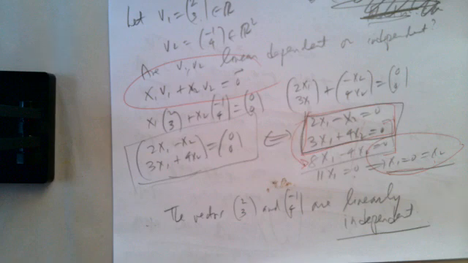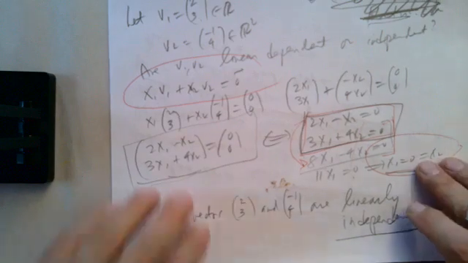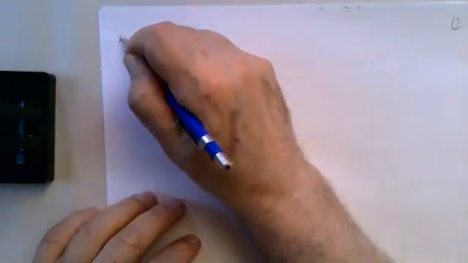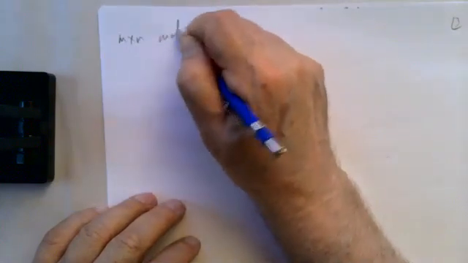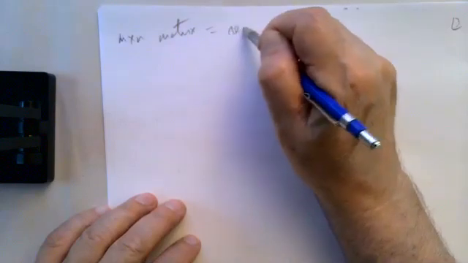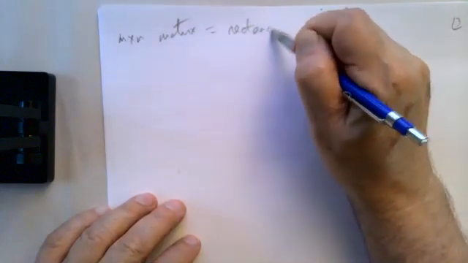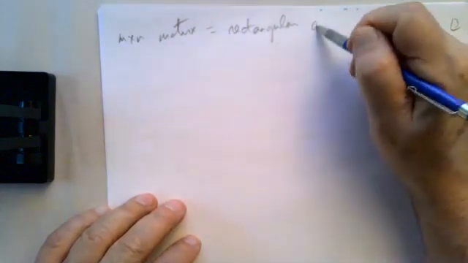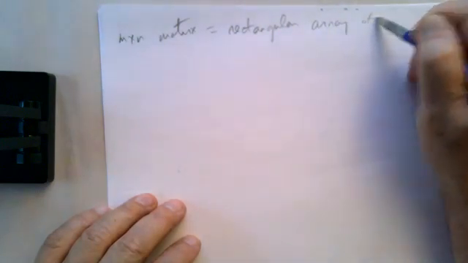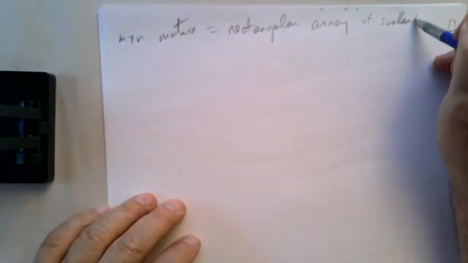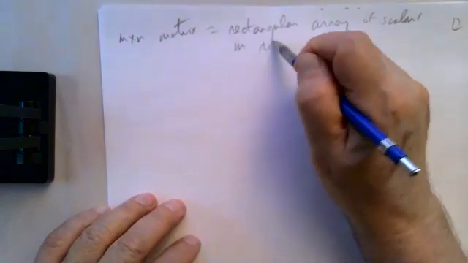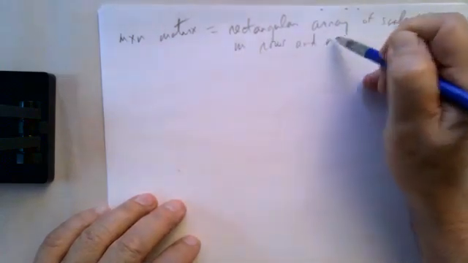Okay, so let's go forwards and backwards. So we have an m by n matrix, which is just a rectangular array of scalars. And it's arranged in m rows and n columns.